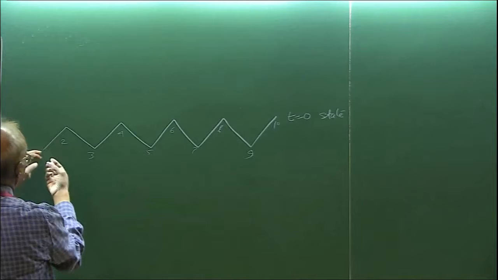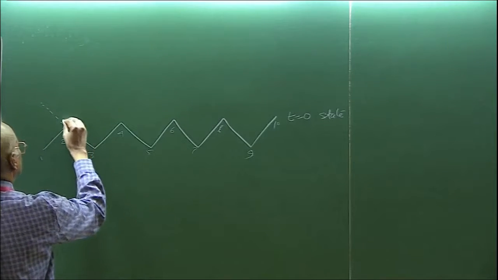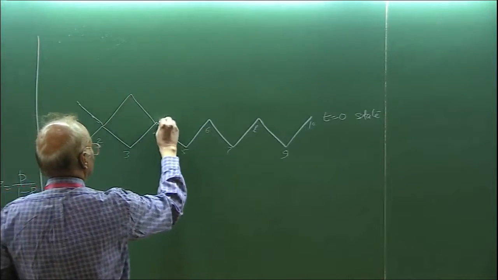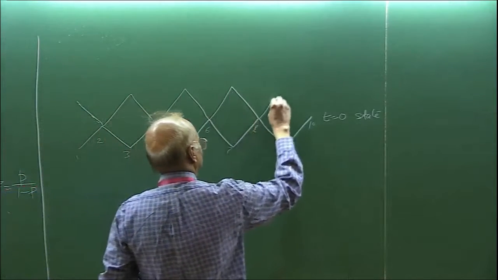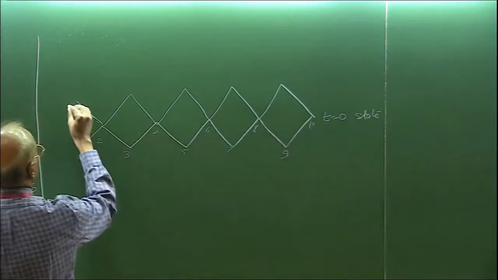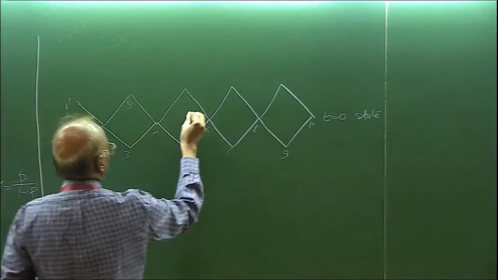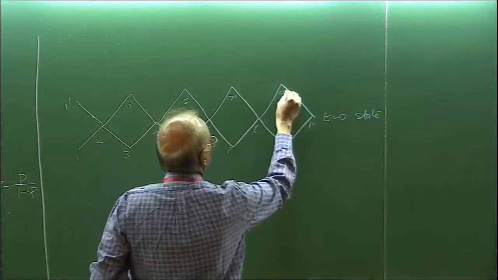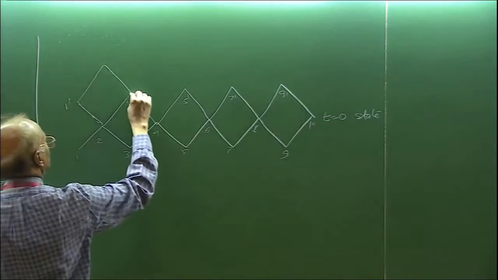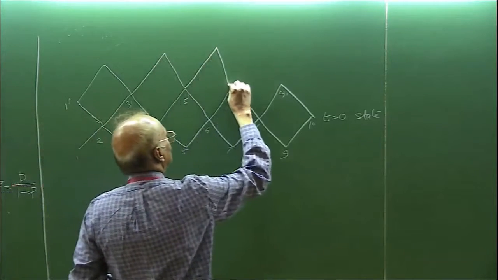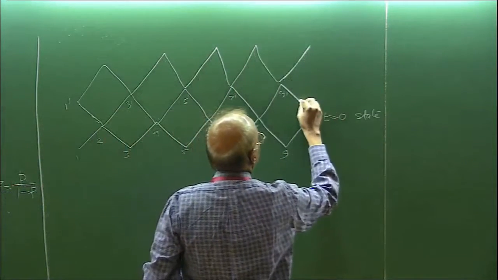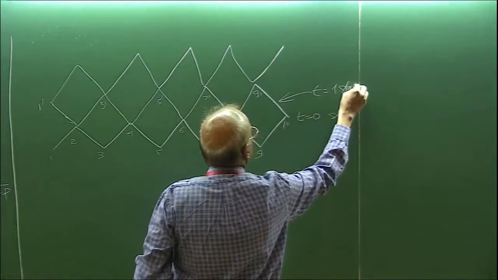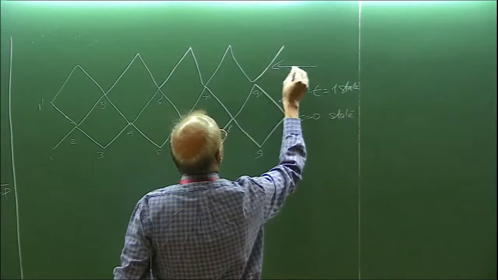So, okay, to the left of it is nothing, but the 2 and 4 are kept unchanged, but 3 goes to 3 prime. This is 1 prime, this is 3 prime, this is 5 prime, this is 7 prime, 9 prime. And so this is the t equal to 1 state. And this is the t equal to 2 state.